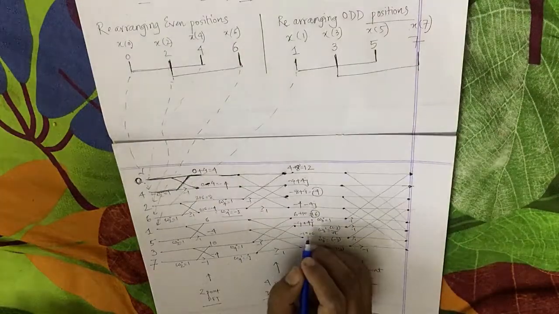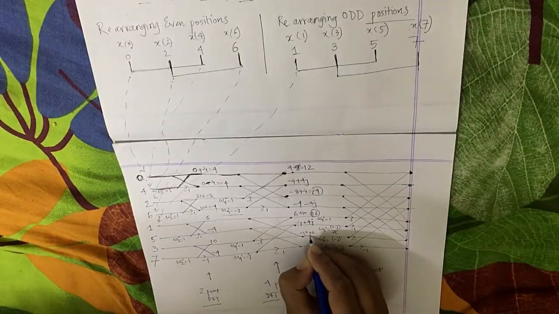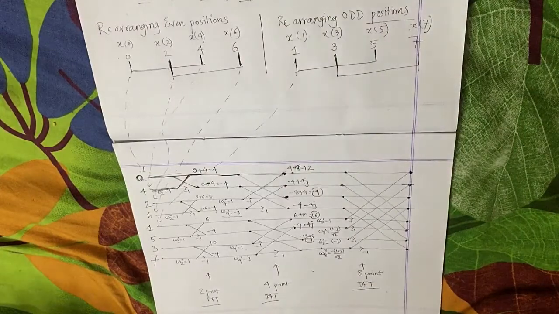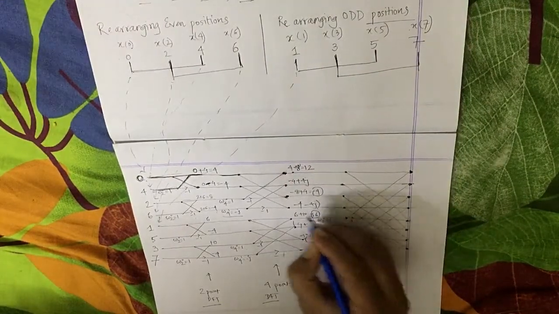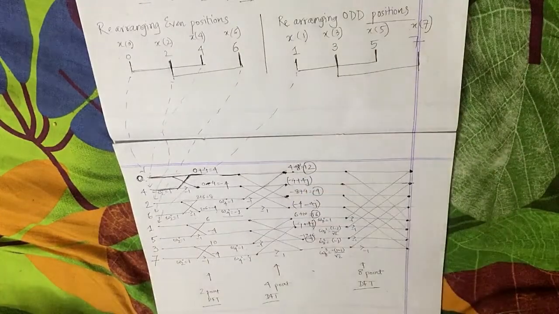That gives us a final value of -4. Fine. So these bracketed values are the final values that we have.